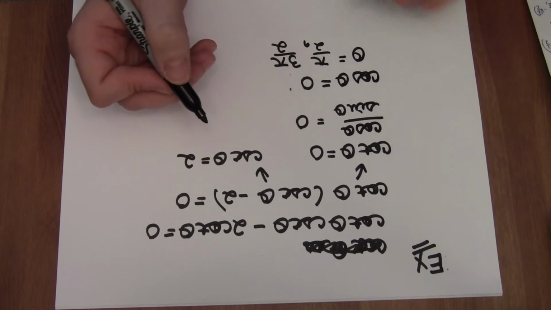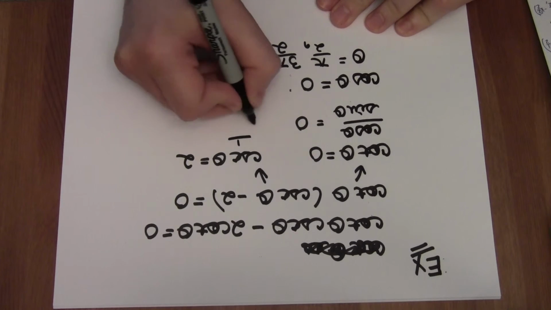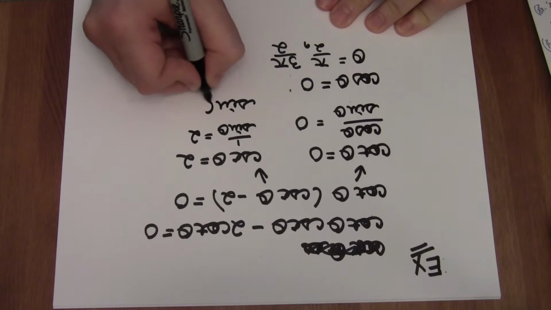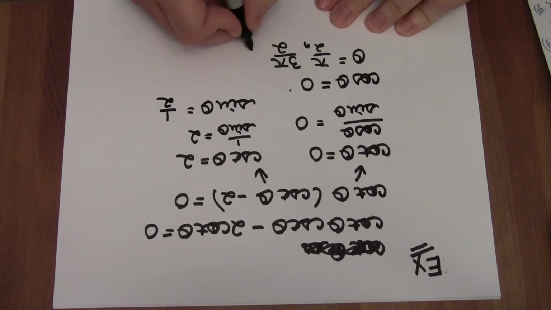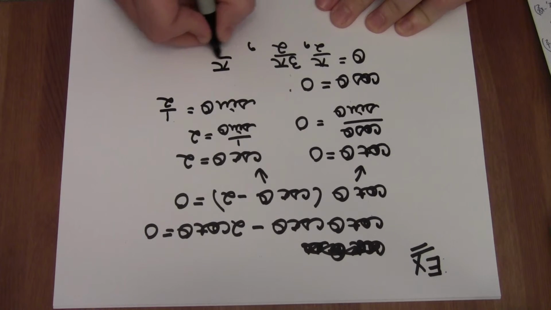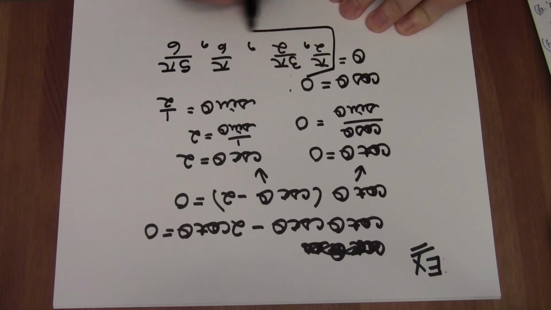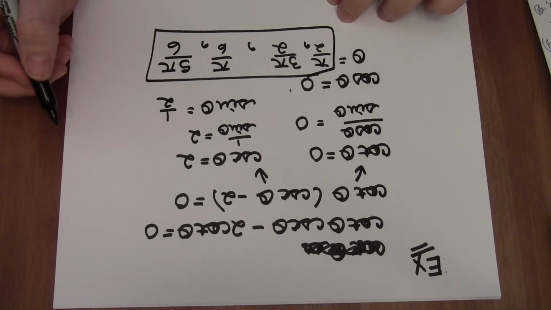Here I have the cosecant of theta equals 2. This is 1 over the sine of theta equals 2. So the sine of theta equals 1/2, and that will occur at pi over 6 and at 5 pi over 6. So these are my 4 answers.